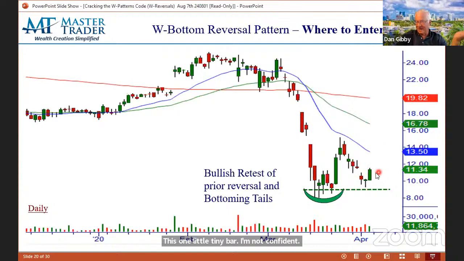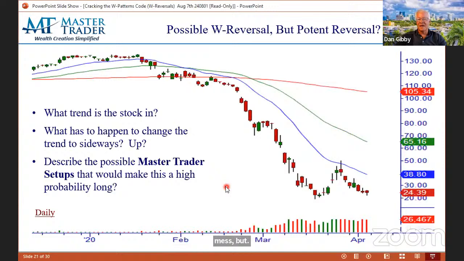I don't know if I buy this one because of this mess, but this would be a good candidate to sell an out of the money put. Same question I've been asking. Where are you confident to enter this thing? My answer is, I don't know yet. So same concept.